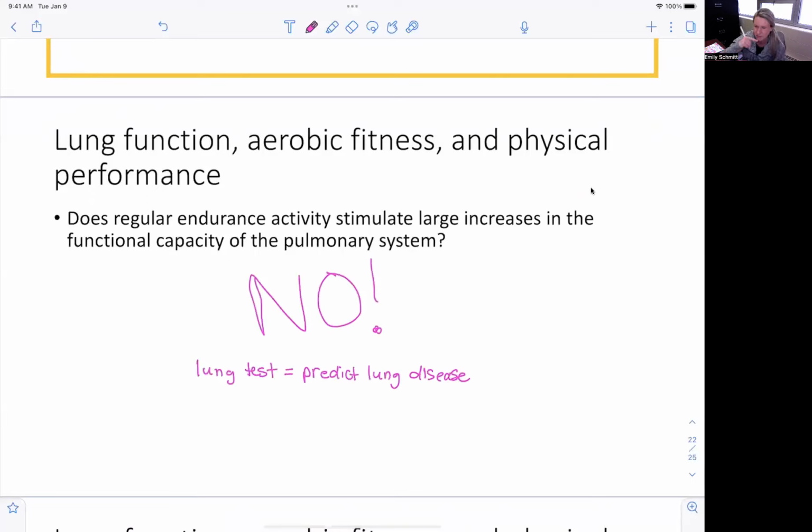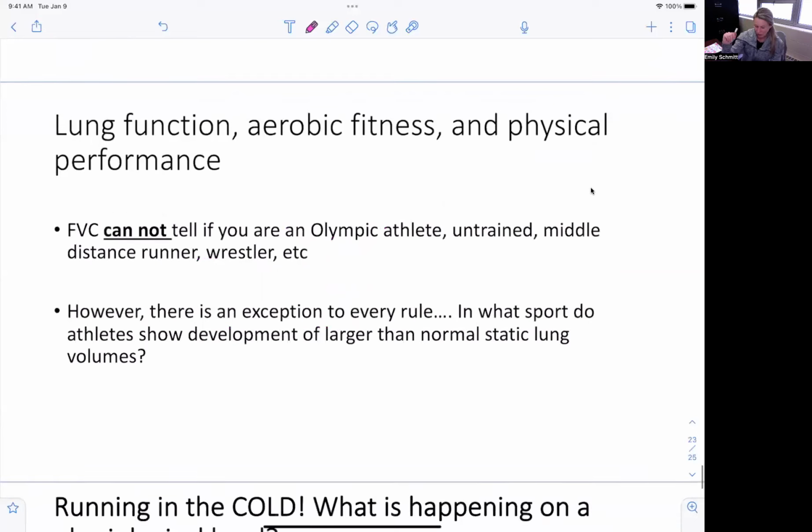So if there is no disease, you cannot tell me from an elite Olympic marathoner. So your FVC cannot tell if you're an Olympic athlete, untrained, middle distance runner, wrestler, more anaerobically fit, more aerobically fit. However, there's an exception to every rule. In what sport do athletes show development of larger than normal static lung volumes? Swimmers, for sure, and divers.